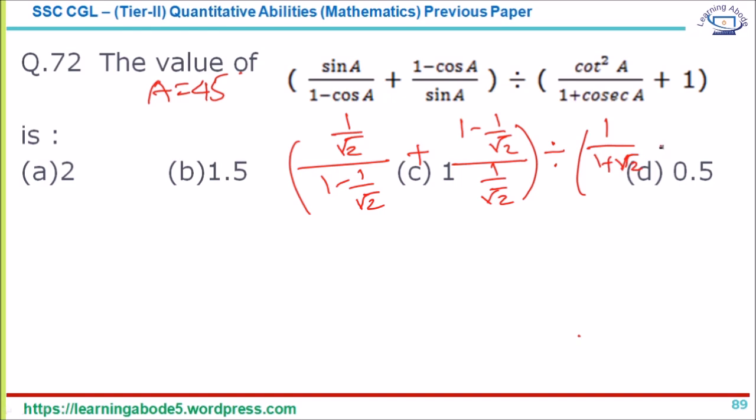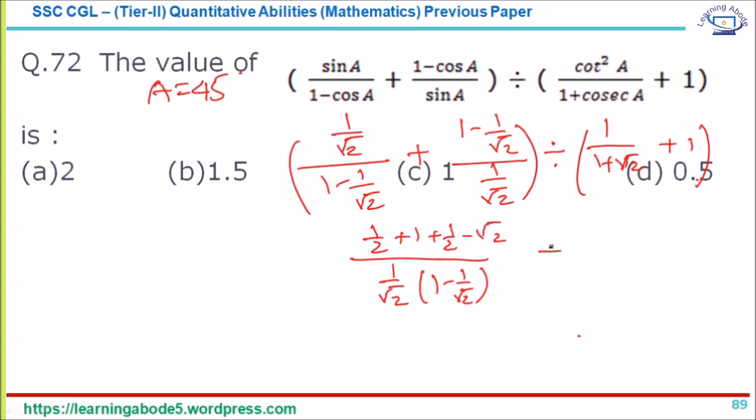root 2 plus 1. If you simplify it, what is the LCM? The LCM is 1 by root 2 into 1 minus 1 by root 2, and that will be half plus 1 plus half minus root 2. Now this is divided by 2 plus root 2 by 1 plus root 2.